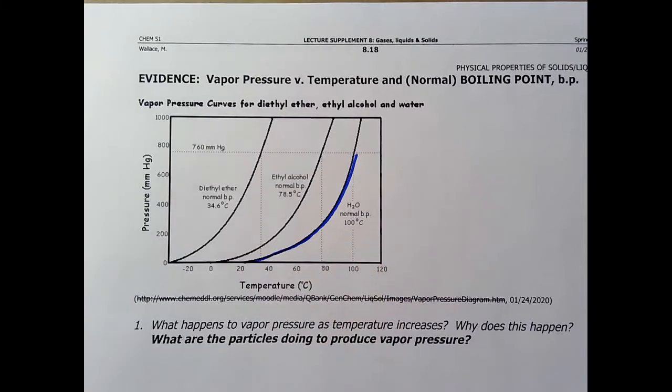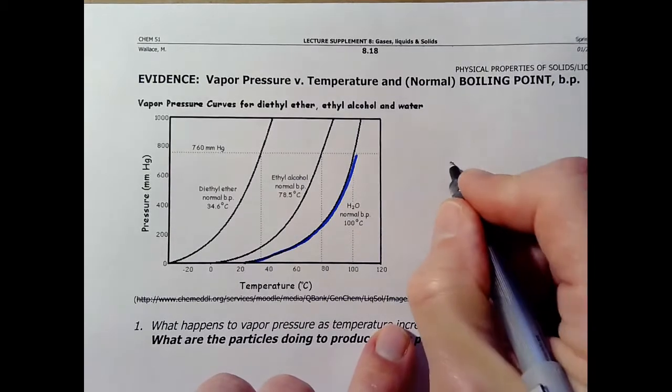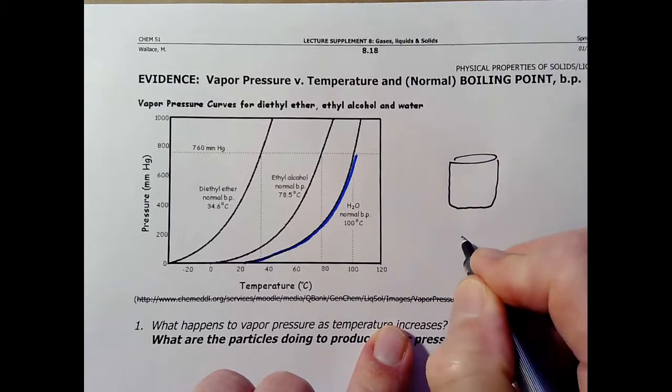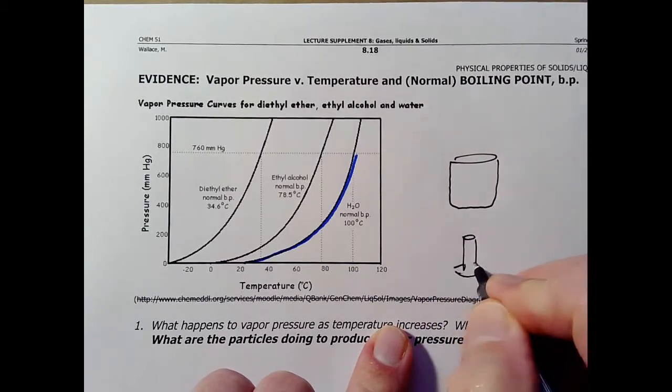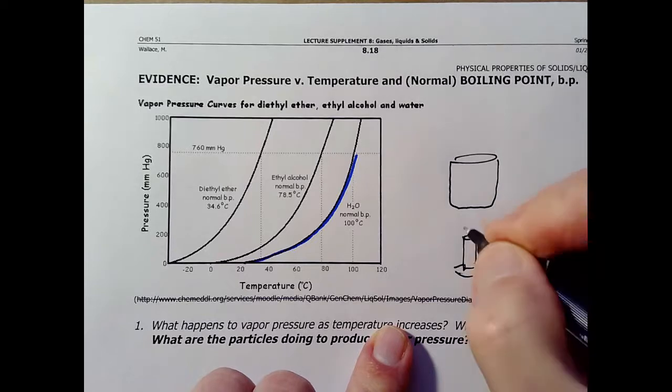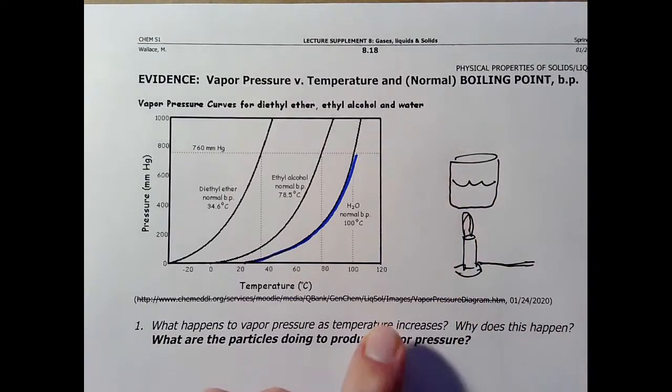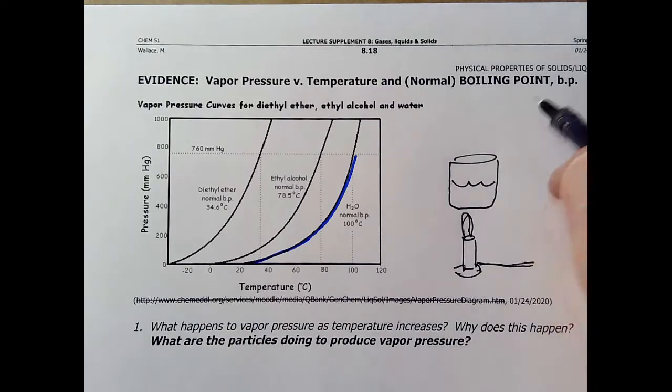Higher temperature, the particles in the liquid are moving around faster, and more particles are able to escape and produce a vapor pressure. So you can imagine I've got this beaker over a Bunsen burner. And I got a flame, nice flame. And I'm heating that thing up. As I heat it up, more evaporation occurs and I get greater vapor pressure over the top of that thing.